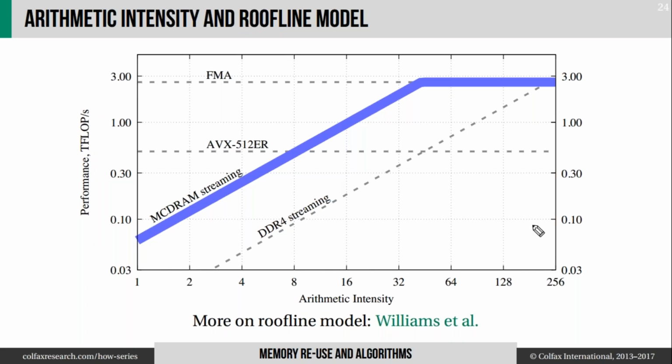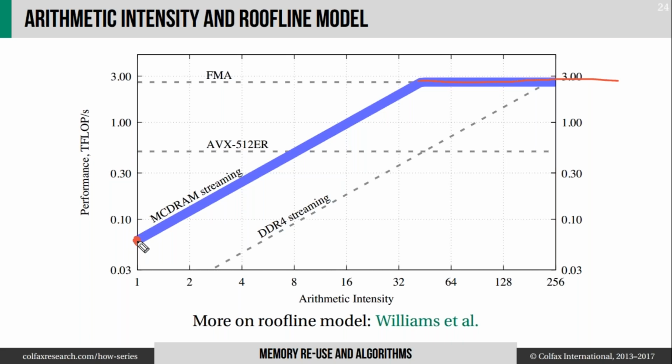For infinite arithmetic intensity, you can draw a flat line, meaning that however many times you reuse your data, you can not get better performance than the theoretical peak performance of your chip. For arithmetic intensity of 1, well, you can divide the bandwidth by the size of the data type, and it will give you how many floating point operations you can perform.